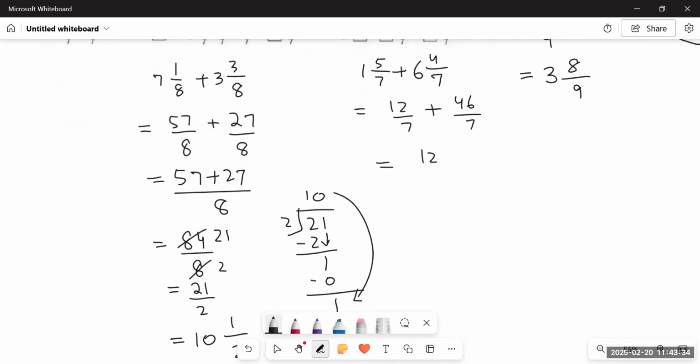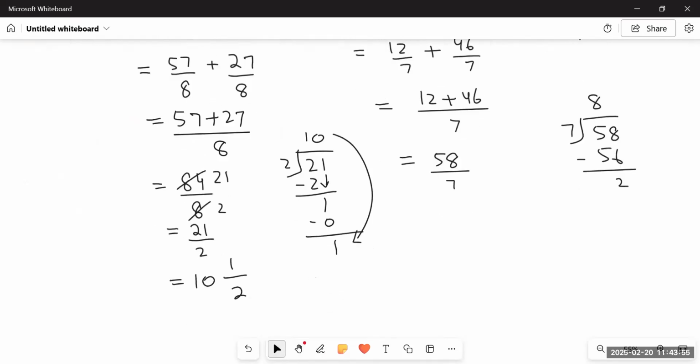Then 12 plus 46 upon 7, which is 58 upon 7. Okay, now we will divide it. 7 8s are 56. Then comes 2. So the answer to this one would be 8 whole 2 upon 7. The same answer that we have got from the previous method.